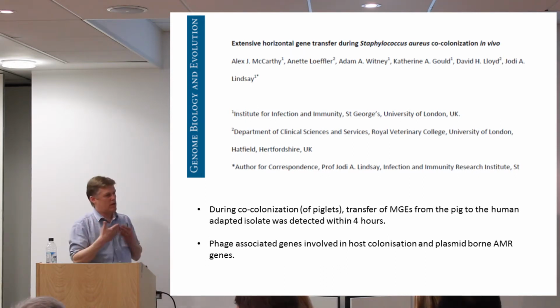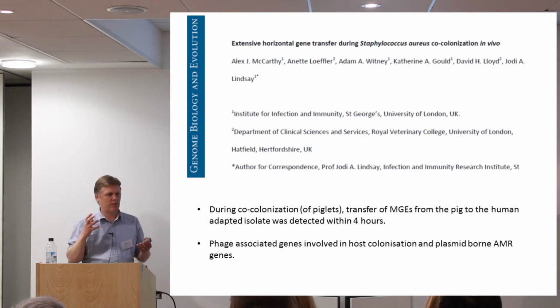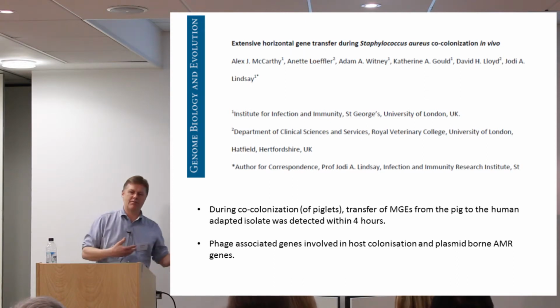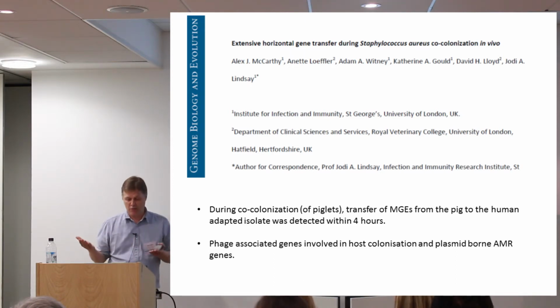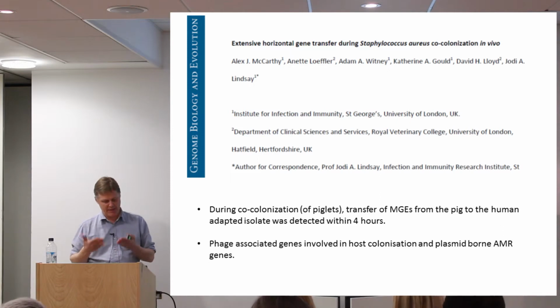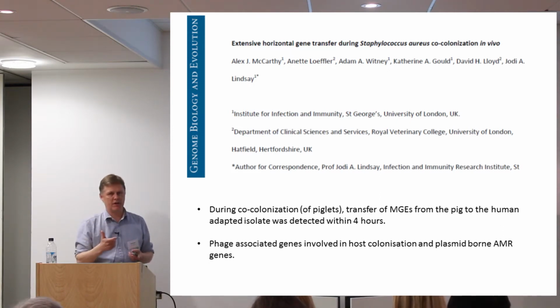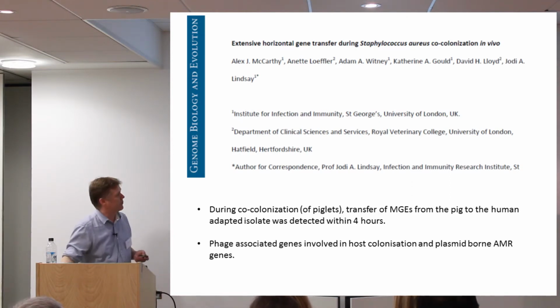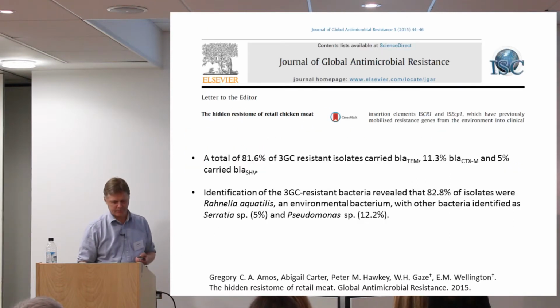So it's always been that, oh, well, it's not a risk because the strains in animals are animal-adapted and they have to be human-adapted to be a problem. But now, of course, within hours, it's been demonstrated that they can acquire the genetic machinery to adapt to a different host. So I think as time goes on, we're going to realise this is much more of a complex subject than we ever imagined.